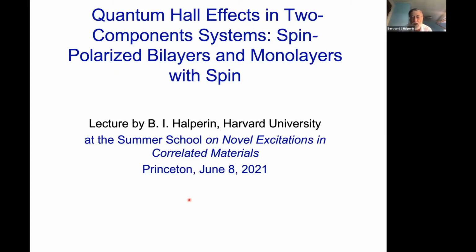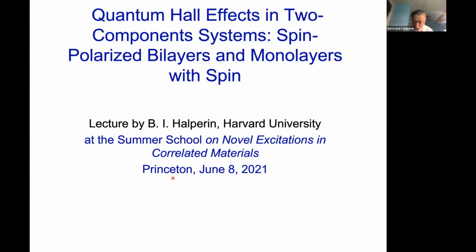It's called quantum Hall effects in two component systems. Last time I only talked about single component systems, and I have in mind both spin polarized bilayers, I'll say a little bit about that, and monolayers. In fact, I'll mostly be talking about spin polarized bilayers, and to some extent monolayers with spin.